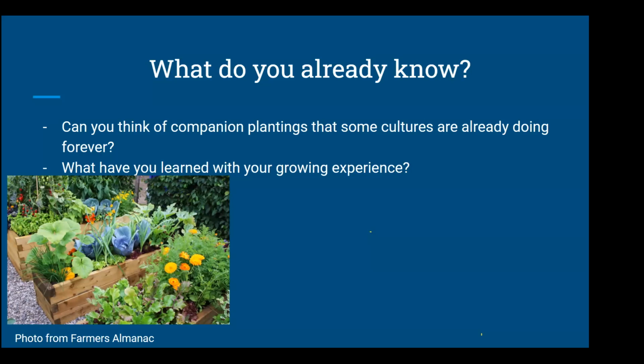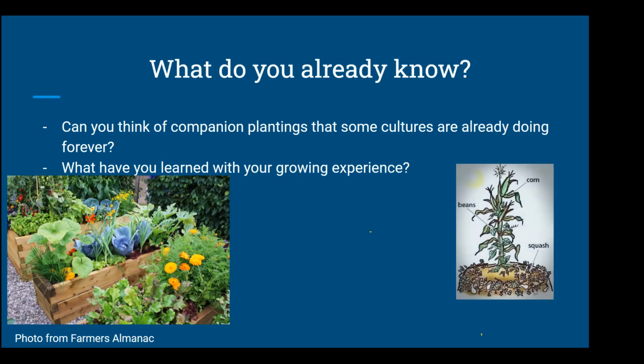Some will shade out the others, and it's more done in garden settings, but you can do this on your farm as well if you're interested in that. I did give you a resource handout sheet, it should be in the invite that was given to you, about companion planting, what plants work well together, and what plants might not work well together.